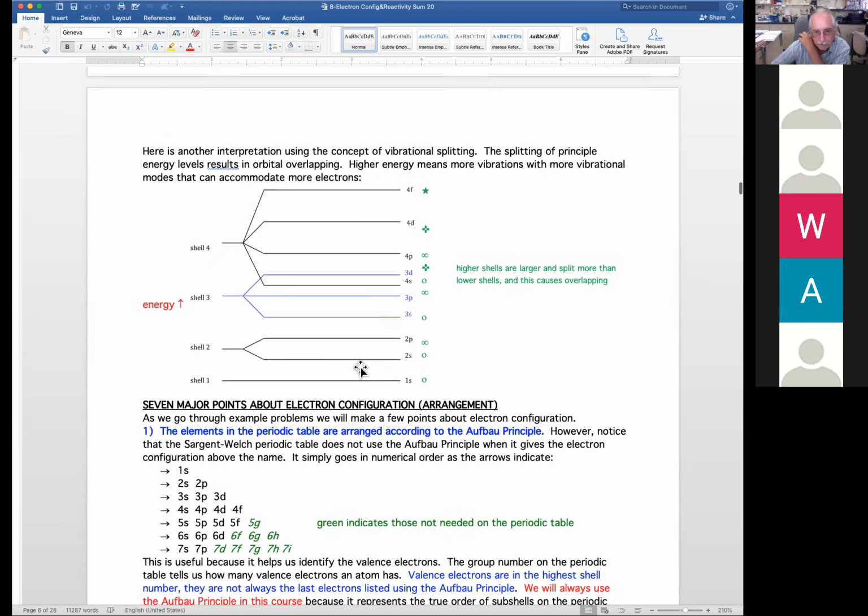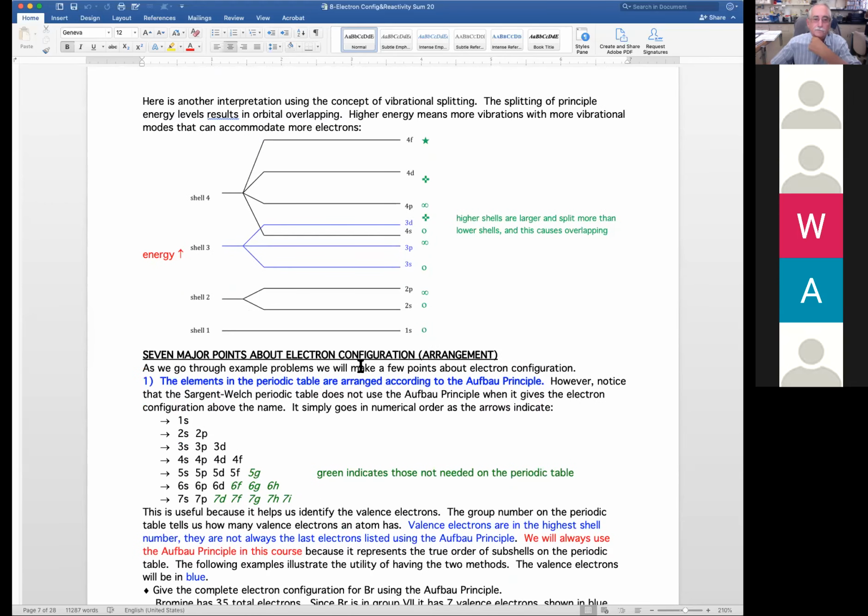And here's another explanation for this. In chemistry and physics, one of the concepts that's often used to explain things is vibrations. And so say this is a stick right here. Shell number 1 is just a stick with very low energy, and it's not split.